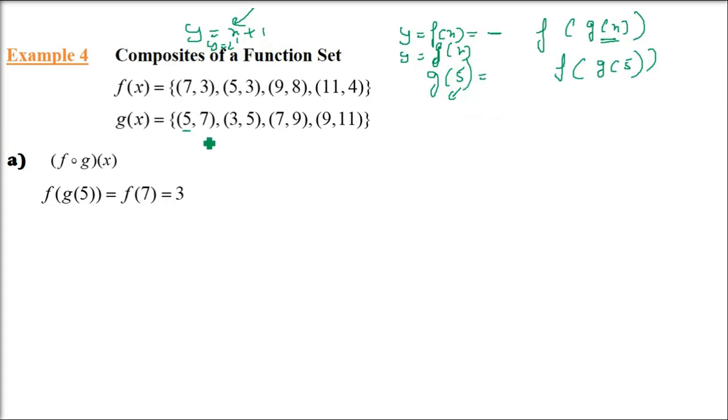Similarly, in this g(x) function, when you put 5, you will get 7 as the output. So this is your x and this is y. You put x and then you got y. So g(5) is essentially equal to 7. Now you take this 7 and find the value of y. That is, f(7) is 3.